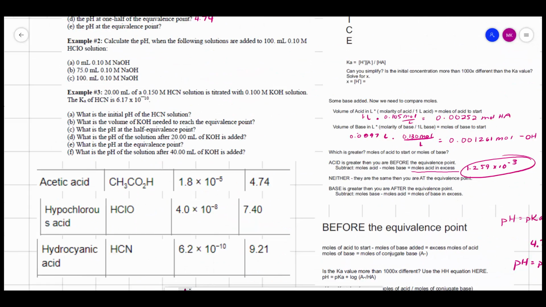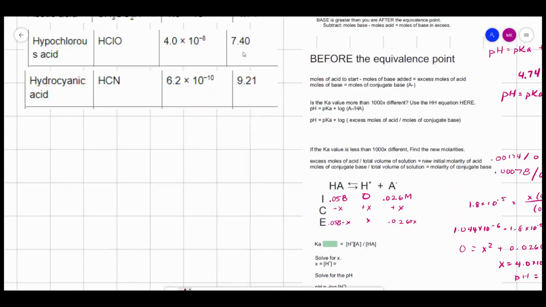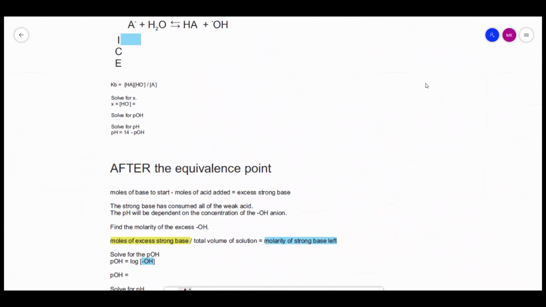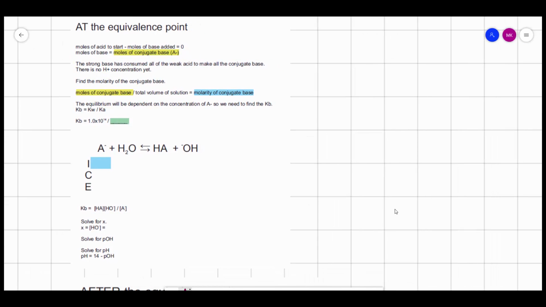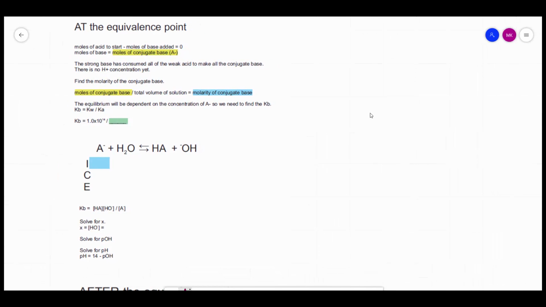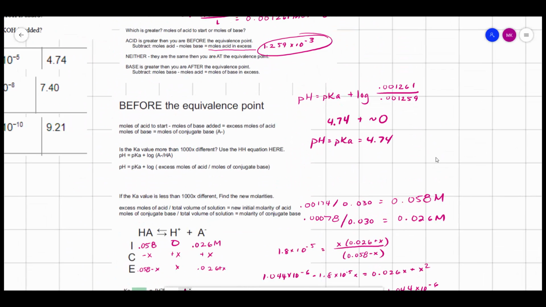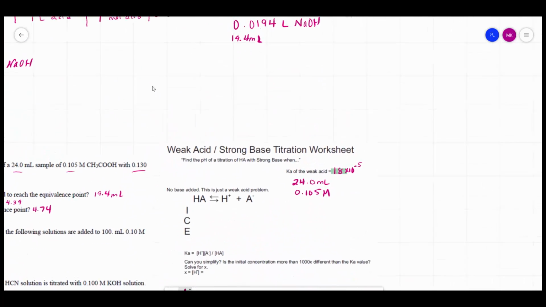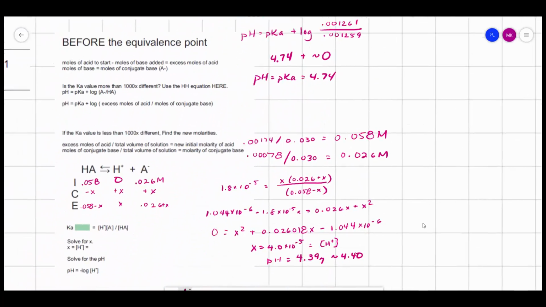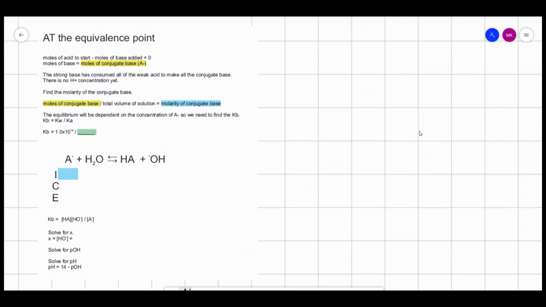So what is the pH at the equivalence point? Well, we have a different set of things we need to do. So at the equivalence point, the moles of acid to start with minus the moles of the base added will be equal to 0. But the moles of the base will still be equal to the moles of the conjugate base. So at this point, the moles of my base, going back up here, 19.4 milliliters of that base.